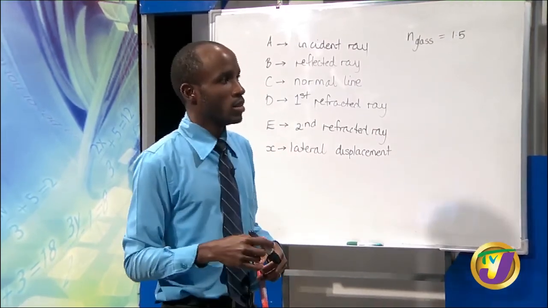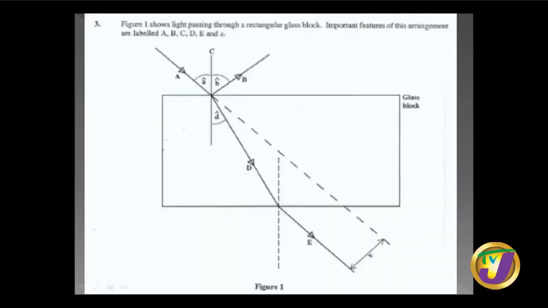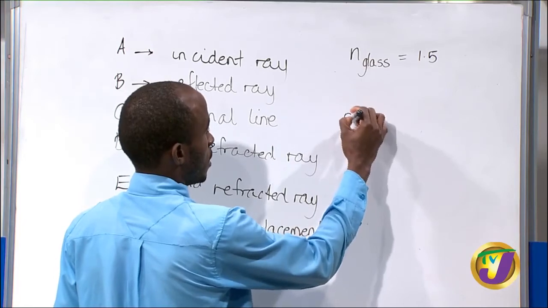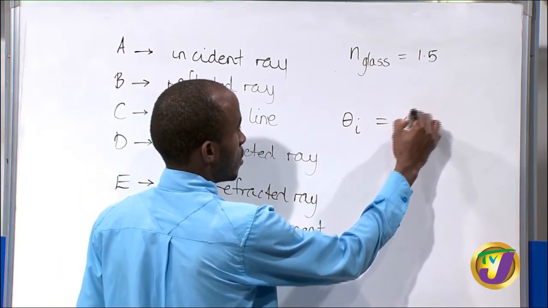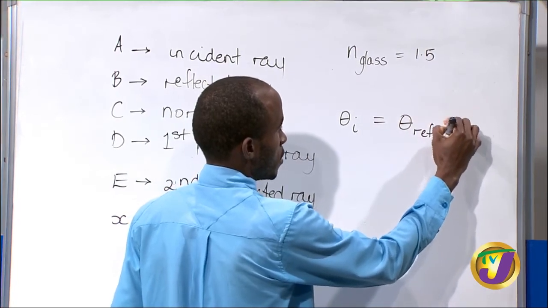We'll look at that. Determine the value of angle B when A is 60. So when you go back to that question, we need the angle of B when A is 60. Applying the laws of reflection, we see that theta I is equal to theta R, and by R we mean reflected.